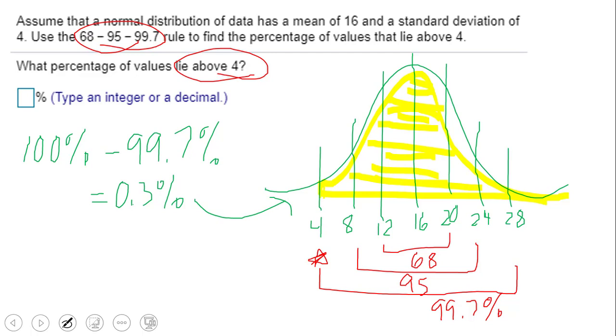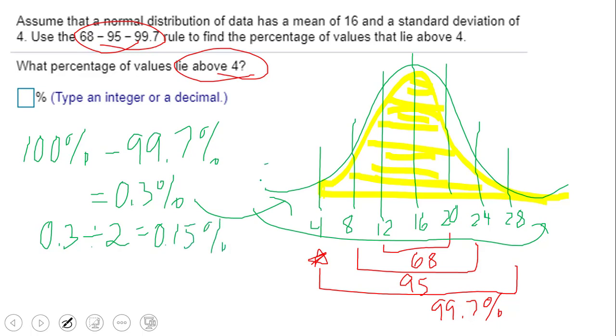So it's divided up evenly between less than 4 and more than 28. So if I take that 0.3 and divide it by 2, I see that what that means is there is 0.15% below 4 and 0.15% above 28. You can check this to see that 0.15 below 4 plus 99.7 between 4 and 28 plus 0.15 above 28 should equal 100, and it does.